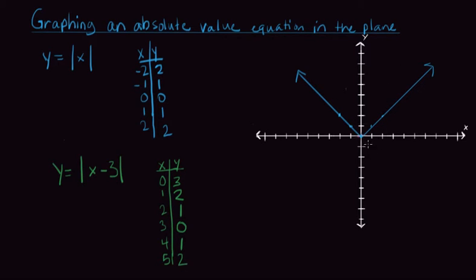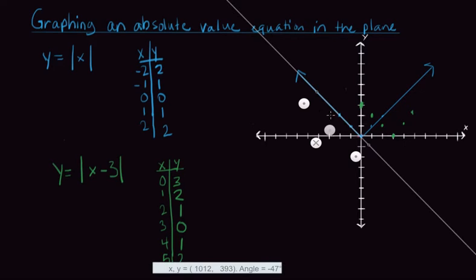So let's go ahead and graph these points. 0, 3, 1, 2, 2, 1, 3, 0, 4, 1, and 5, 2. Can you see the V shape that we're starting to make?